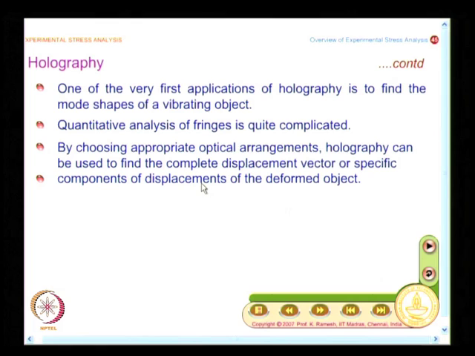Once you identify this is the problem, then address it and find out what all you can modify and then how you can use the technique. So, what you find here is I can get the complete displacement vector, more than that, specific components or displacements of the deformed object, which would be very interesting when we want to even understand analytical solution.